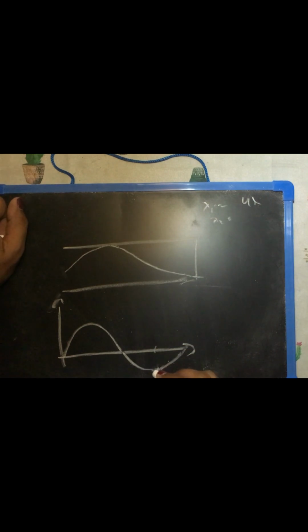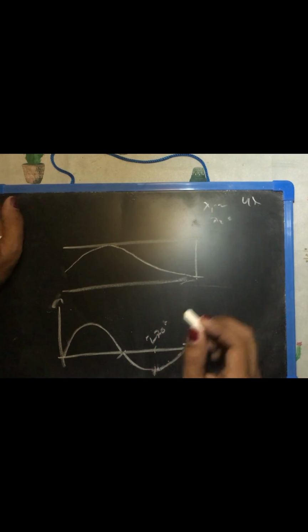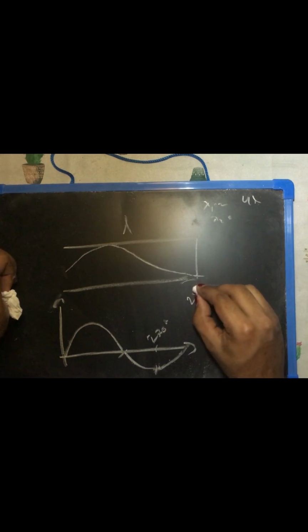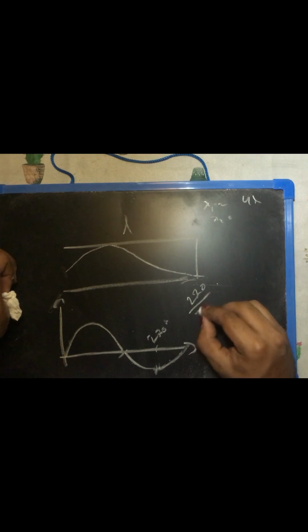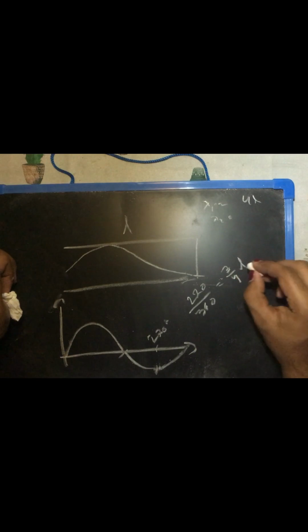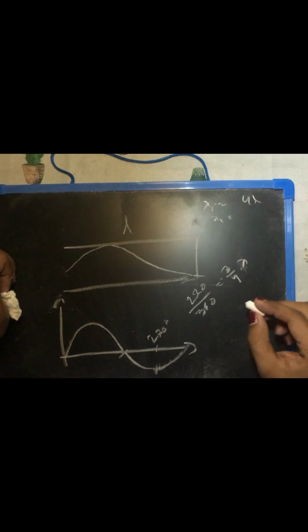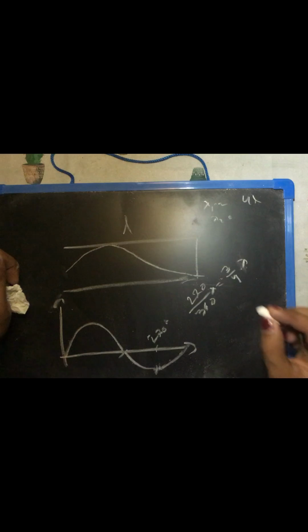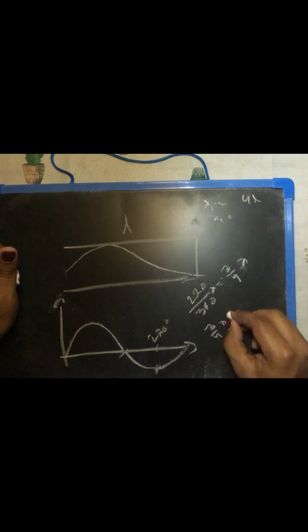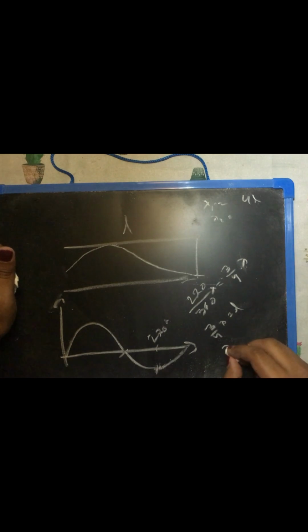So basically you have a wave of 180 plus 90, which is 270 degrees, inside this tube of length L. So 270 by 360 is basically 3 by 4 lambda, right? So 3 by 4 lambda is L. So lambda is 4 by 3 L.